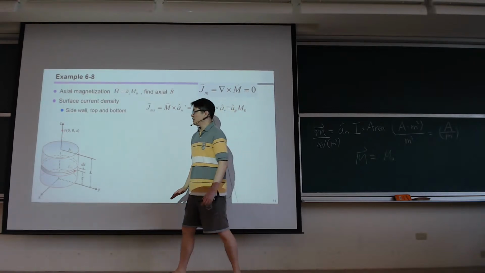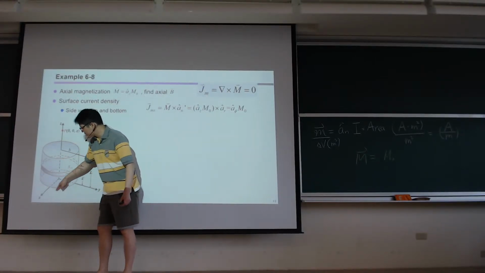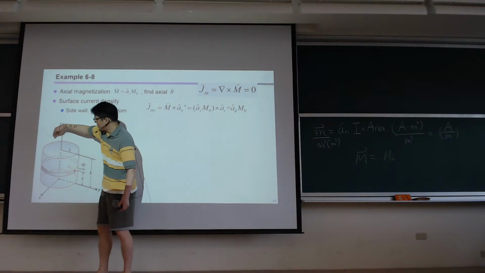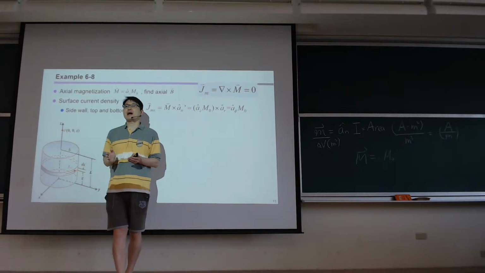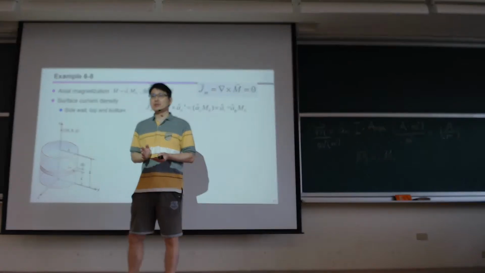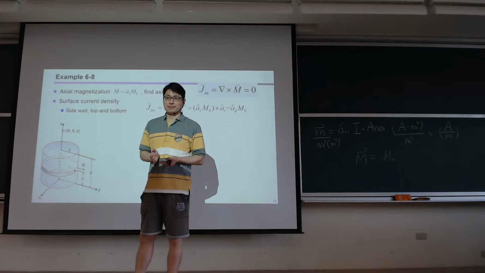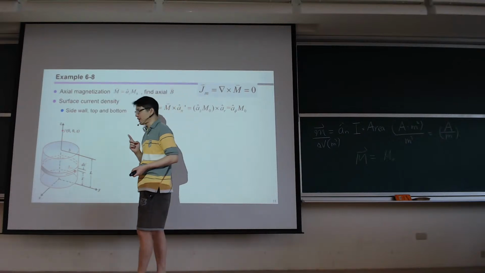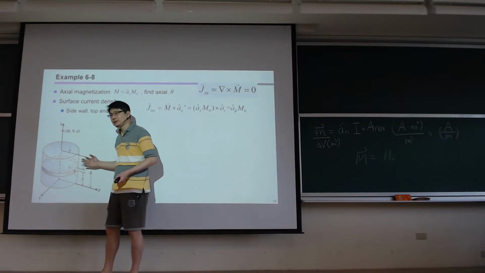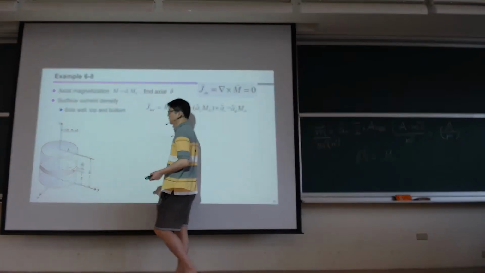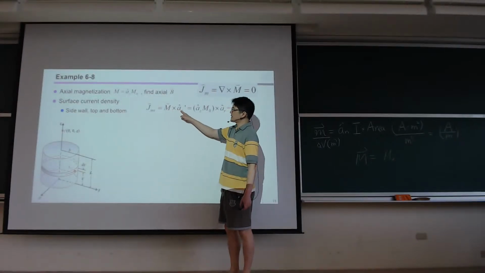Which means, even though you have surface number 1, surface number 2, and the third, the circumference surface, the top and bottom do not contribute to the surface current densities. You only have to take care of this surface pointing outwards everywhere. Okay? So basically, we perform M cross a_n.